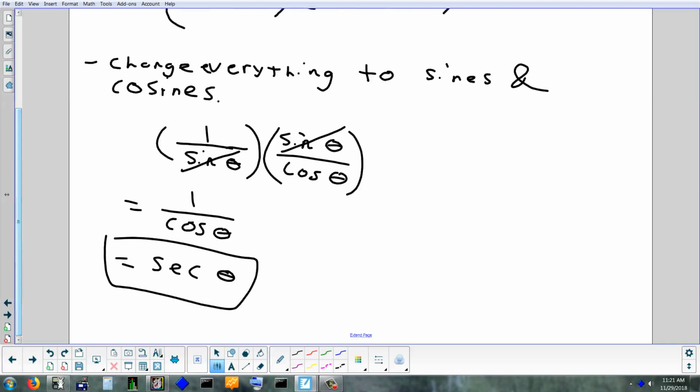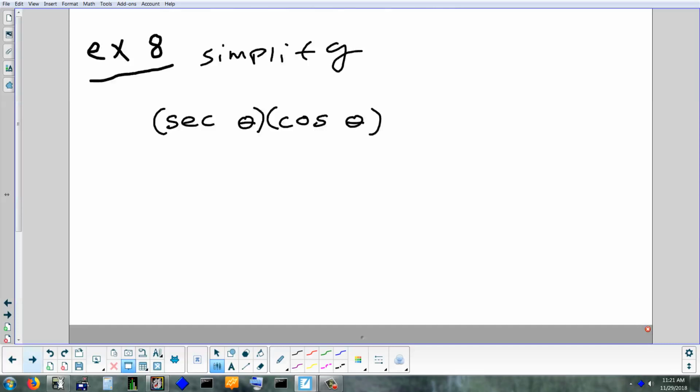Any questions on that? Again, they get much harder, but we're just starting out with a couple of easy ones, and we're going to spend a whole week on these later. Okay, let's see. Secant times cosine. Let's take a look at that one.